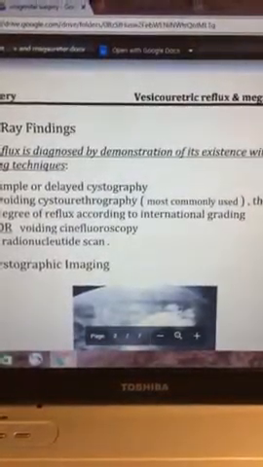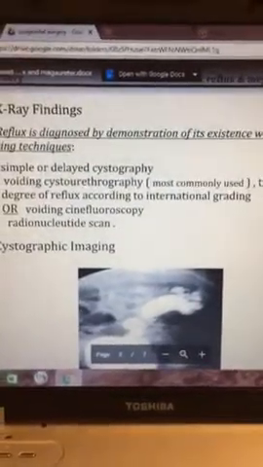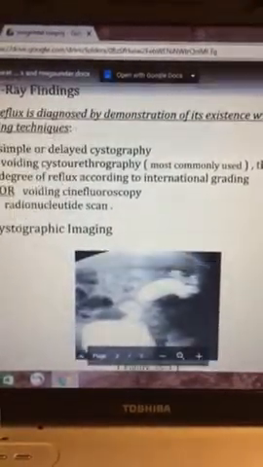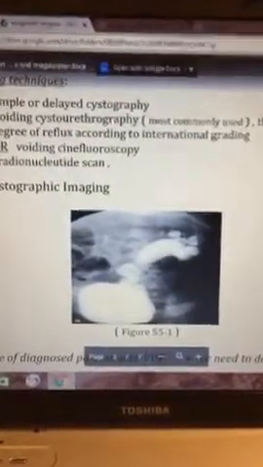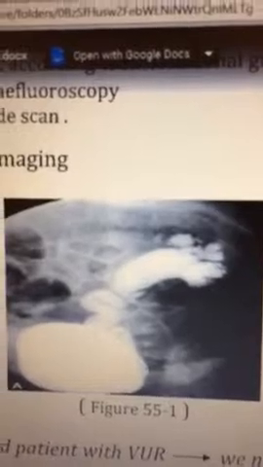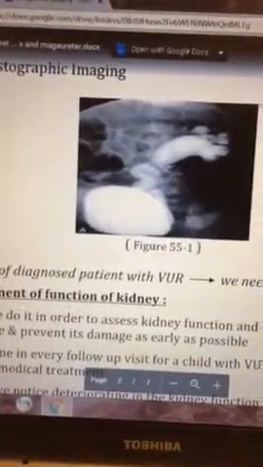Or voiding fluoroscopy, radionuclide scan, and cystography image, which show the dilatation and the tortuosity, as we talked about in the previous part.